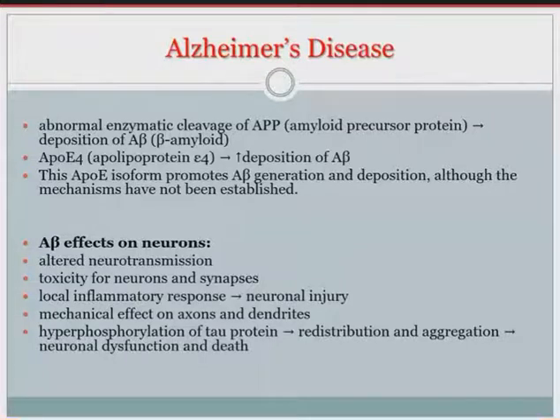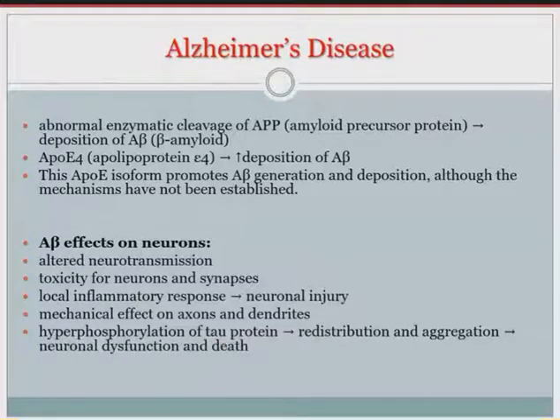Similarly, the apolipoprotein isoform promotes beta amyloid generation and its deposition. All these things lead to deposition of beta amyloid. Once there is deposition on the neurons, there will be altered neurotransmission.